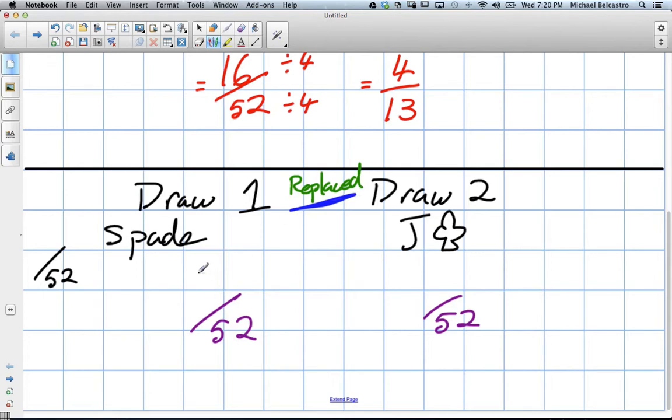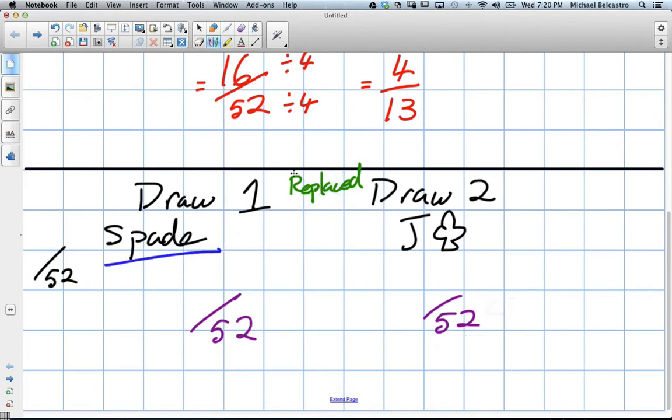So say I take the ace of hearts the first time, and then I replace it. Well, in draw number 2, because it's replaced, it's possible I take the ace of hearts again. Okay, that replace is very important. Had it not been replaced, then we're no longer drawing from 52 cards. How many cards would we be drawing from? 51. Yeah, exactly. And that's exactly, I think, where you made your error in this question here.